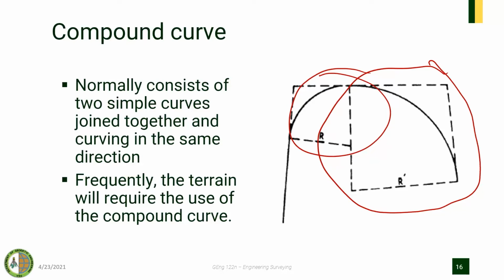But as much as possible, this design should be minimally used, for safety reasons also. But if the terrain cannot permit otherwise, then we introduce speed limits.